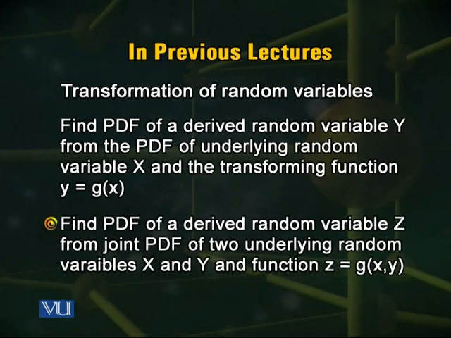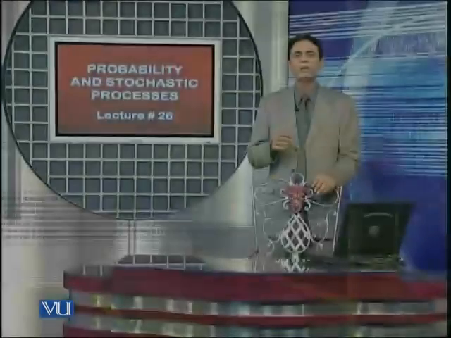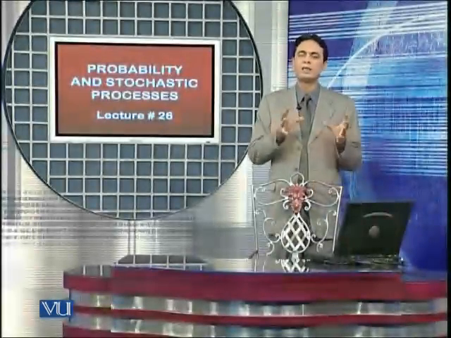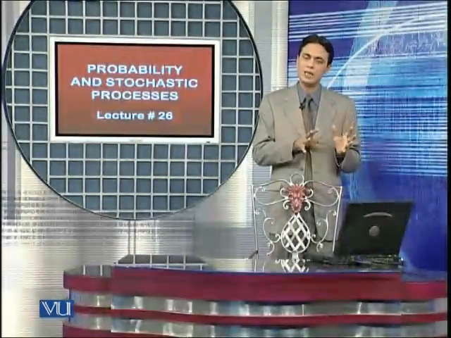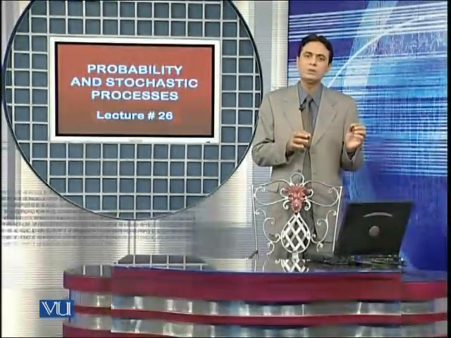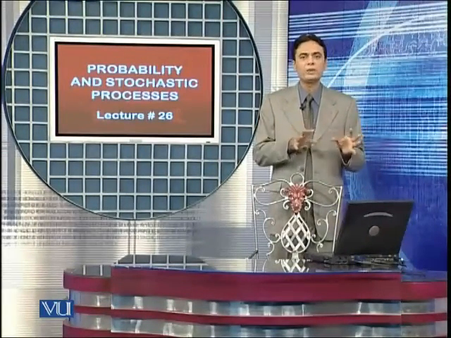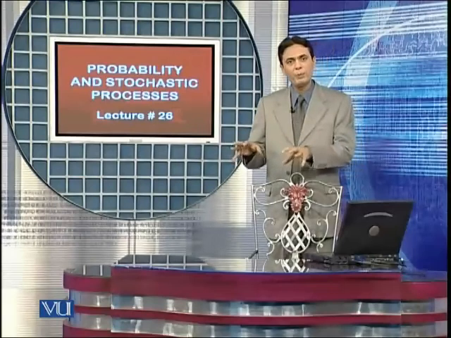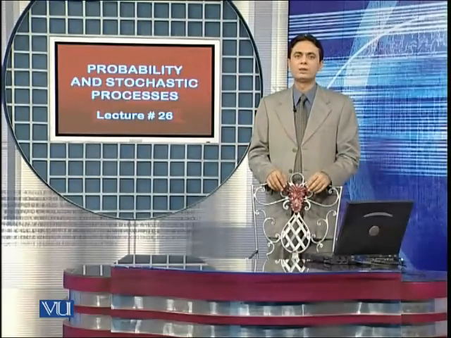And from this joint PDF, we were able to answer questions related to the joint behavior of two random variables x and y. And for that, we needed that joint PDF. But sometimes we were interested in a derived random variable, scalar valued, that assumed its values based on the values assumed by the pair of underlying random variables.